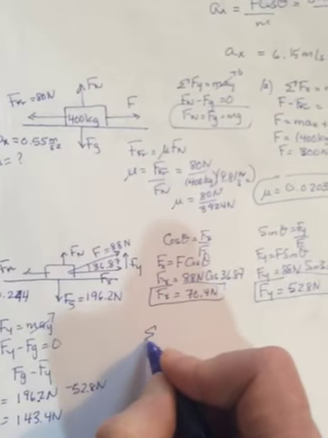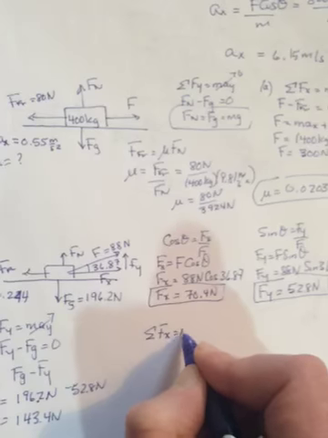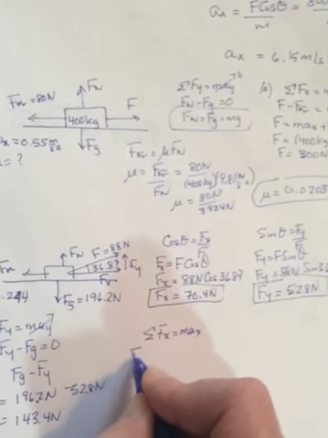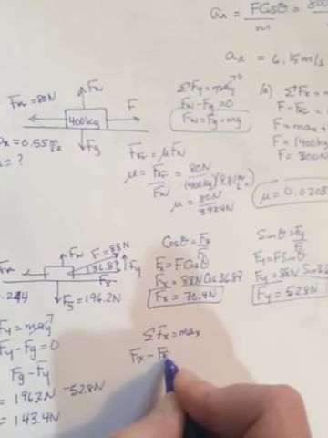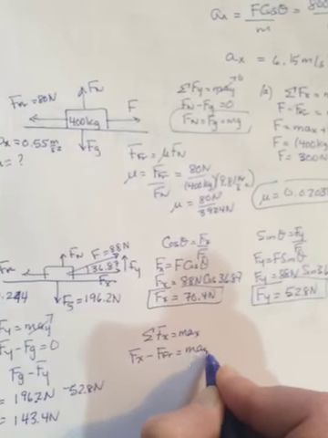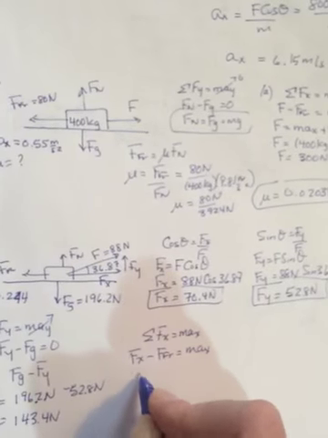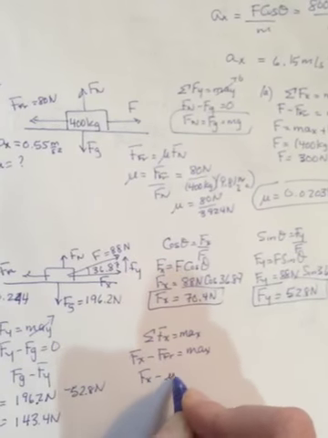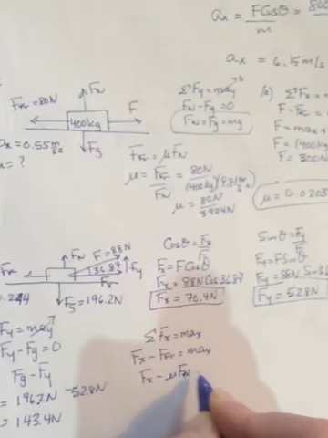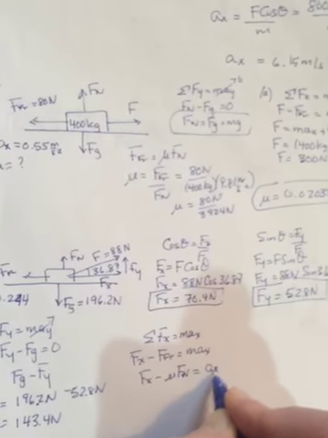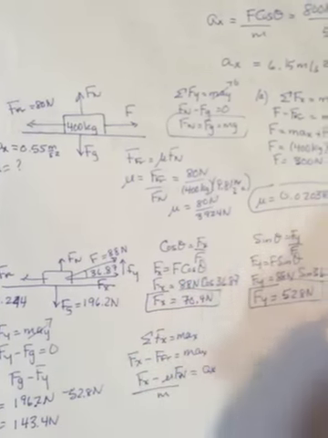Okay, so then we can go to our sum of the forces in the x direction equals max. So we have Fx minus friction is equal to max. Friction is really just mu Fn. So we could write this as Fx minus mu Fn. Rather than do it as a separate step, we're solving for a, so divide by m.